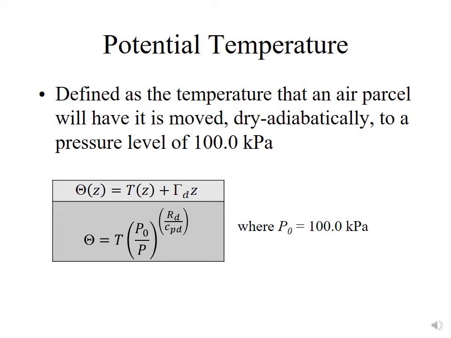Potential temperature, as defined in the lecture, is the temperature an air parcel will have if it's moved dry adiabatically to a pressure level of 100 kilopascals. In the video, it was referring to 1,000 hectopascals, but the Stull textbook does everything in kilopascals, so I've basically redone this equation here with P naught being equal to 100 kilopascals.